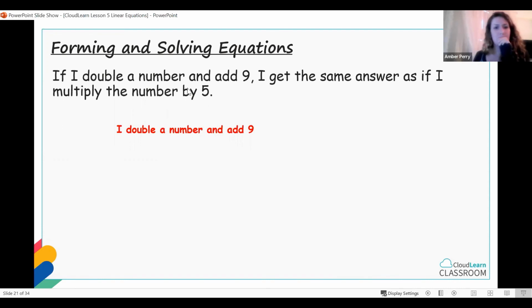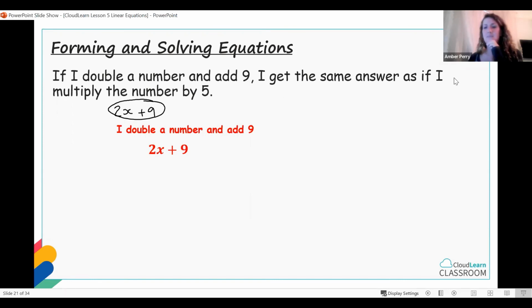I double a number, so doubling is the same as multiplying by 2. So if I take my x, that's my number I didn't know, and I times it by 2, that's double. And adding 9, that is this bit here. So I double a number and add 9 is going to be this expression here, 2x plus 9.